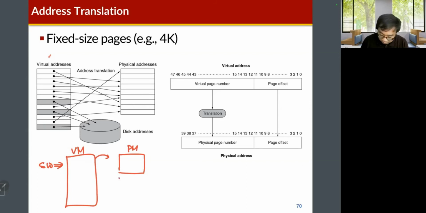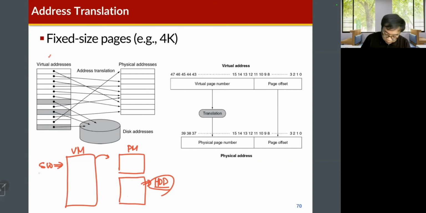Then how can you provide the large space for the data of software? We can use the spaces in a hard disk drive or any storage device as additional space for this virtual memory, right? So these are some data blocks in the hard disk drive.